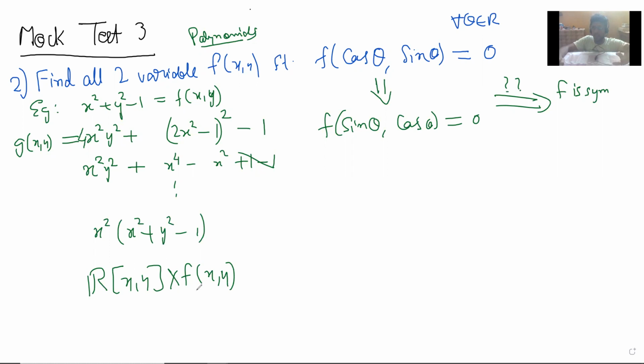Whenever you have a set and you have a polynomial which vanishes on that set, then all multiples of that polynomial with other polynomials also vanish.